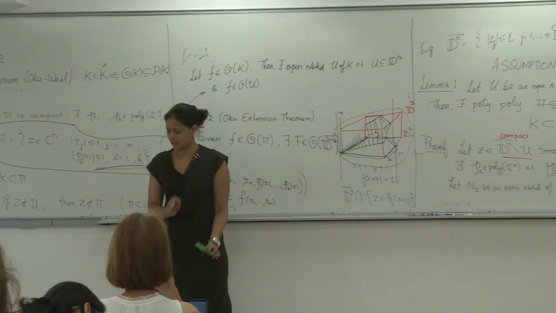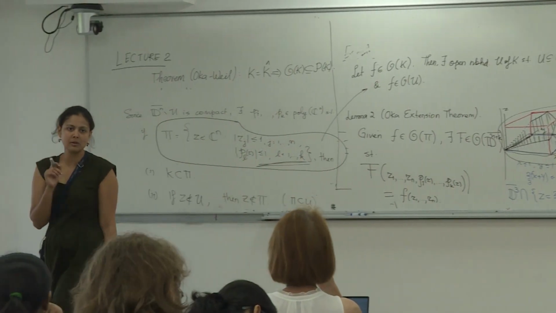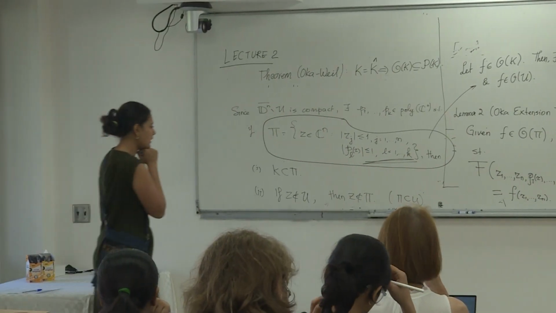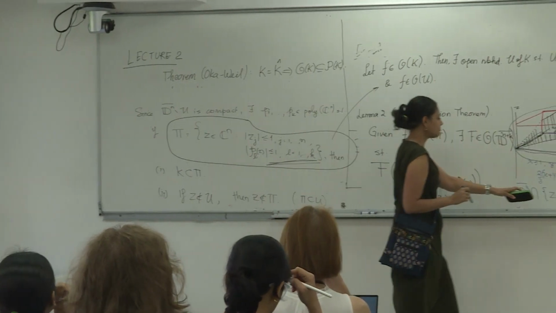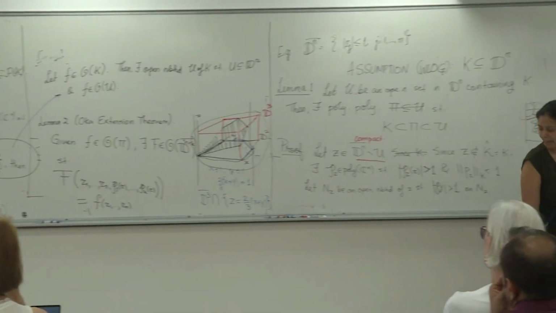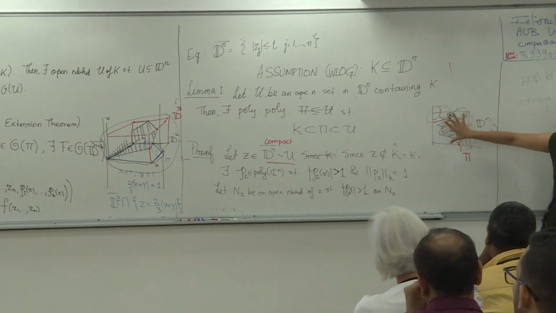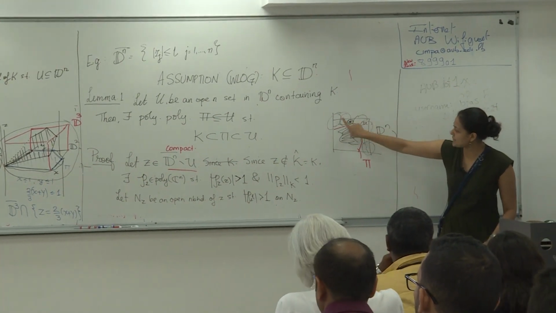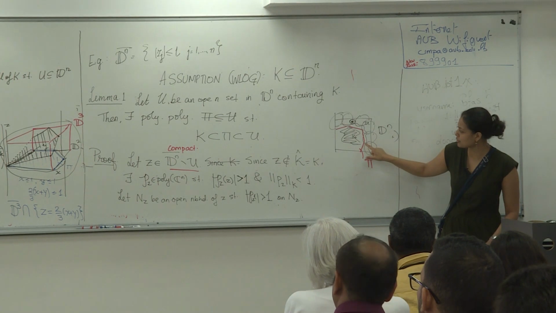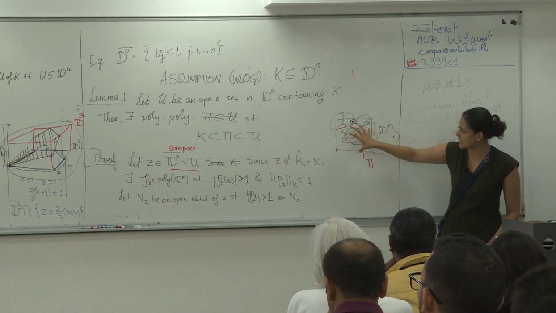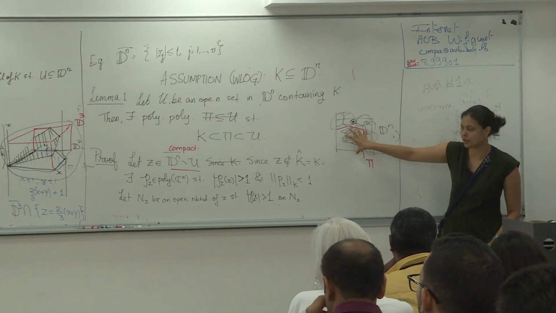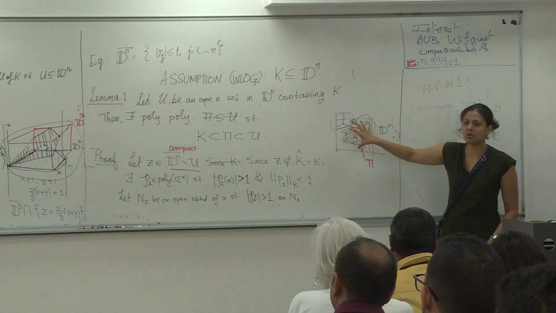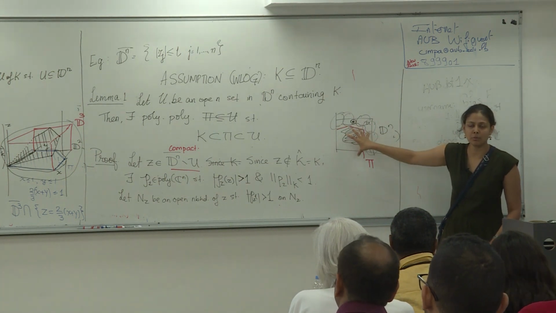Let me just pause for a second before I complete the proof of Oka-Weil and make sure that people are sort of understanding what's happening. Very quick recap. We had a compact set which we assumed lives in the polydisk down here. We have some region of holomorphicity of our function. In that, we have squeezed in a polynomial polyhedron. So this function is now holomorphic on a neighborhood of the polynomial polyhedron.